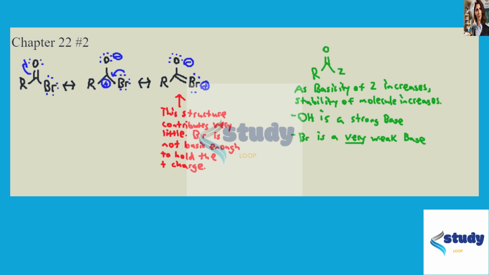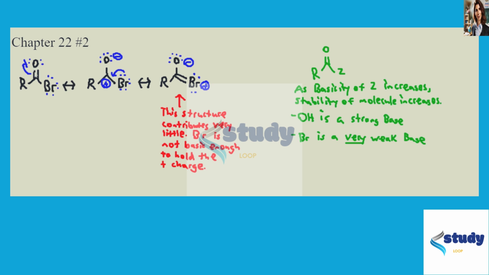Remember that resonance structures should not be viewed as each of these individual structures occurring, with the molecule flipping back and forth between them, but rather that the actual structure is some hybrid of these three structures.